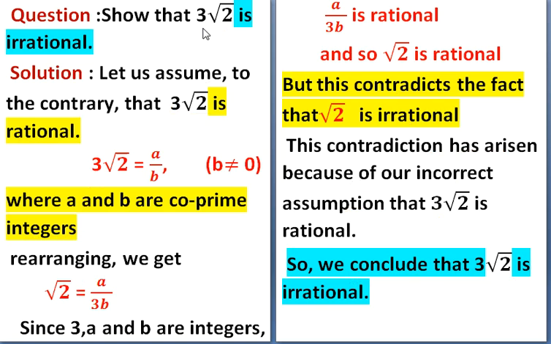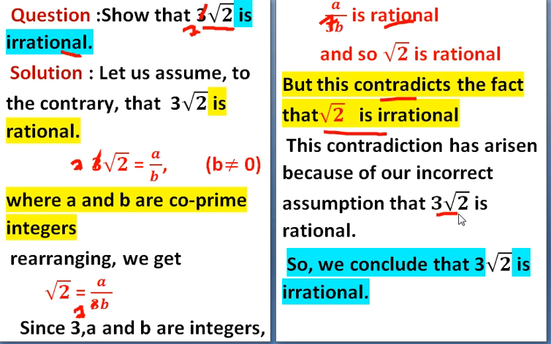Similar to this question, examiner can ask in your exam other type question. Suppose at the place of 3 is 7, then at the place of 3 will be 7, and here will be 7, and similarly a by 7b is rational, and this a by 7b is rational, so root 2 is rational, and this contradicts the fact root 2 is irrational.